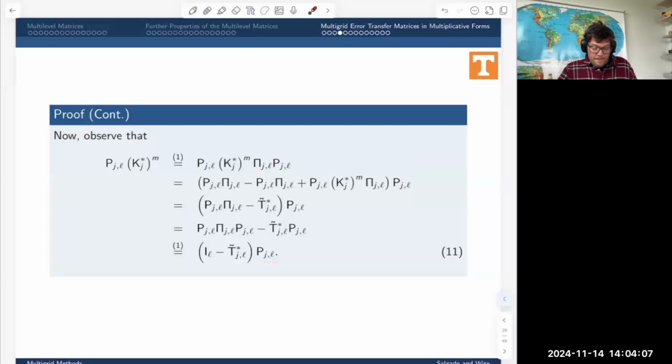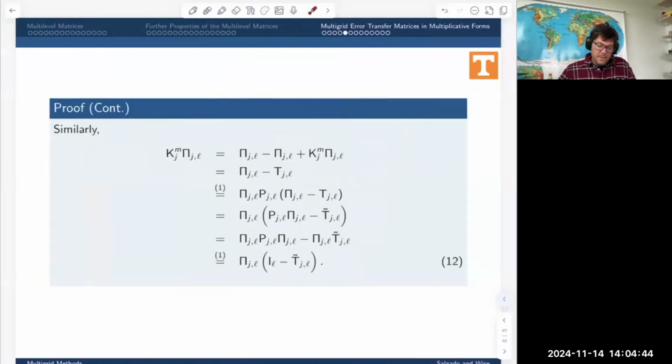So in other words, this matrix doesn't commute with this matrix. If I want to put this matrix on the other side, then what I get is the product of these two matrices here. Okay. So again, that's just some details that you can show. I'm going to leave that alone so that we can finish maybe on time. Okay, so let's put this in our pocket. This is 11. P_JL K_J star M is I_L T_JL star tilde P_JL. Put that in your pocket.